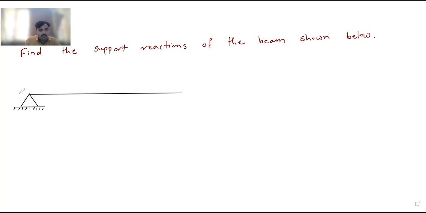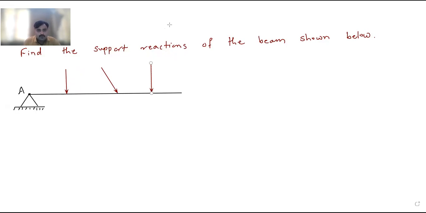This is the support at point A. Now the loading: here is the load of 4 kilonewton which is acting. Next load is this load, which is of 5 kilonewton. And again one more load which is of 5 kilonewton here.